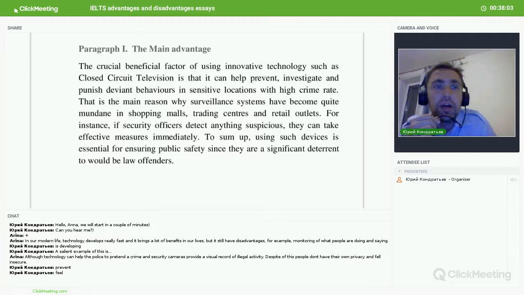For instance, if security officers detect anything suspicious, they can take effective measures immediately. To sum up, using such devices is essential for ensuring public safety, since they are a significant deterrent to would-be law offenders. So there are 4 sentences.